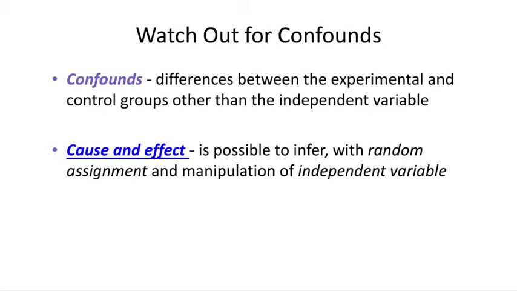Okay, so I'll give you an example of a confound. Let's say in a weight loss experiment one group gets an exercise program and another group gets a diet. But the researchers, unfortunately, failed to tell the people who are dieting not to exercise. But they did so for the people who are exercising.